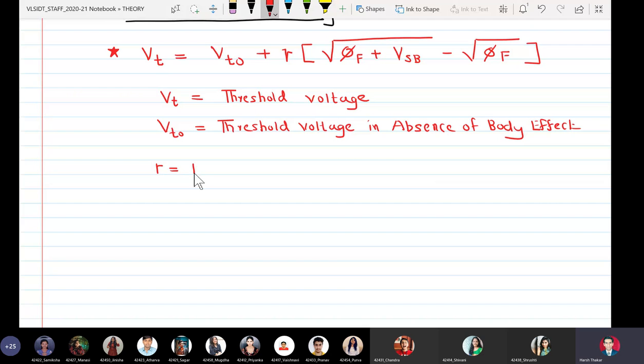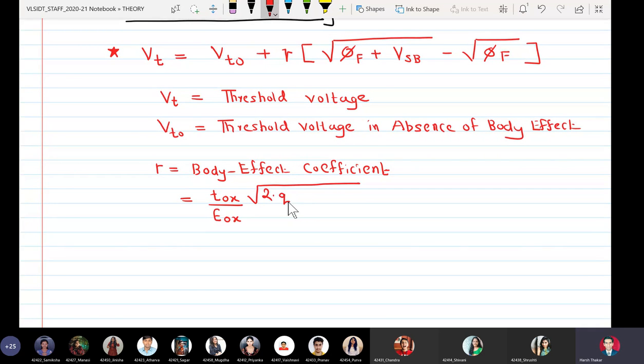Gamma is called the body effect coefficient, which is given as oxide thickness upon the permittivity of SiO2, silicon oxide, into under root of 2 into charge of an electron into the permittivity of silicon material into the acceptor impurity doping concentration.